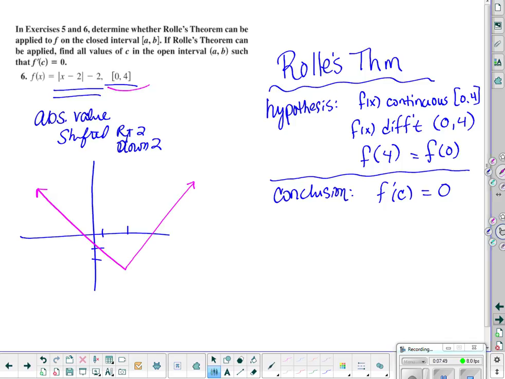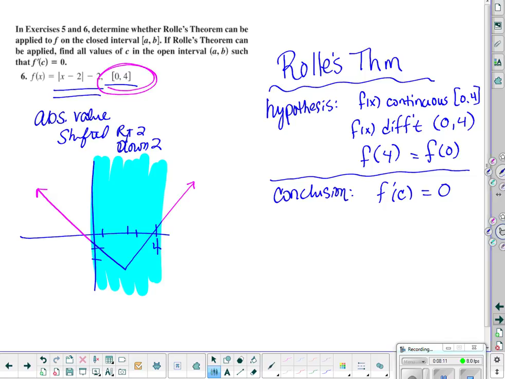And now, if we're on the interval from 0 to 4, well, that places us from 0 out to 4, maybe somewhere in this blue region. Let's call 4 out here. Probably be at that zeroing point.